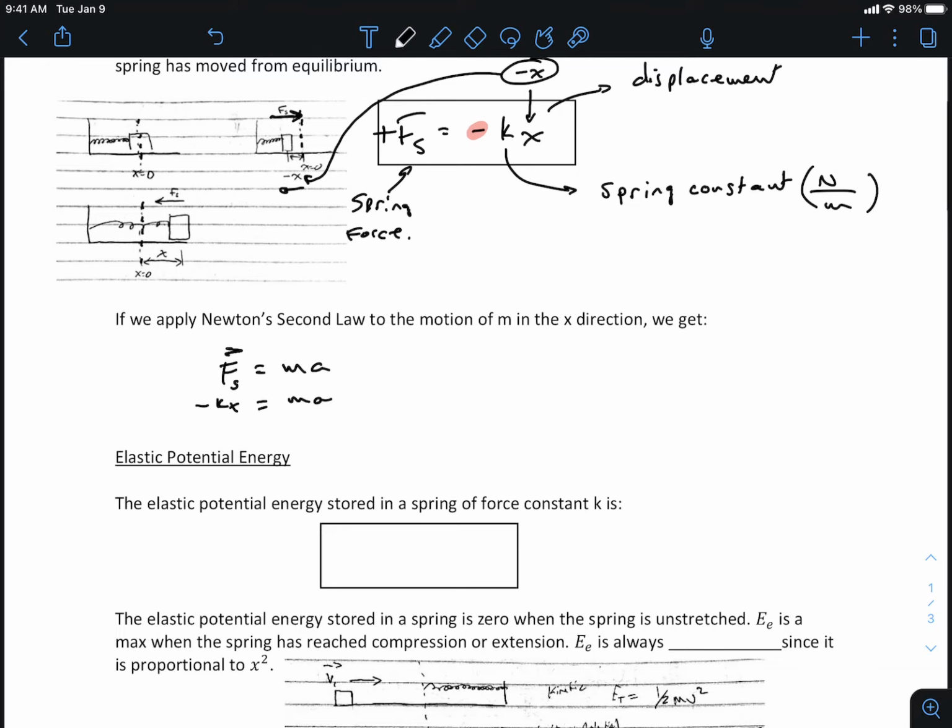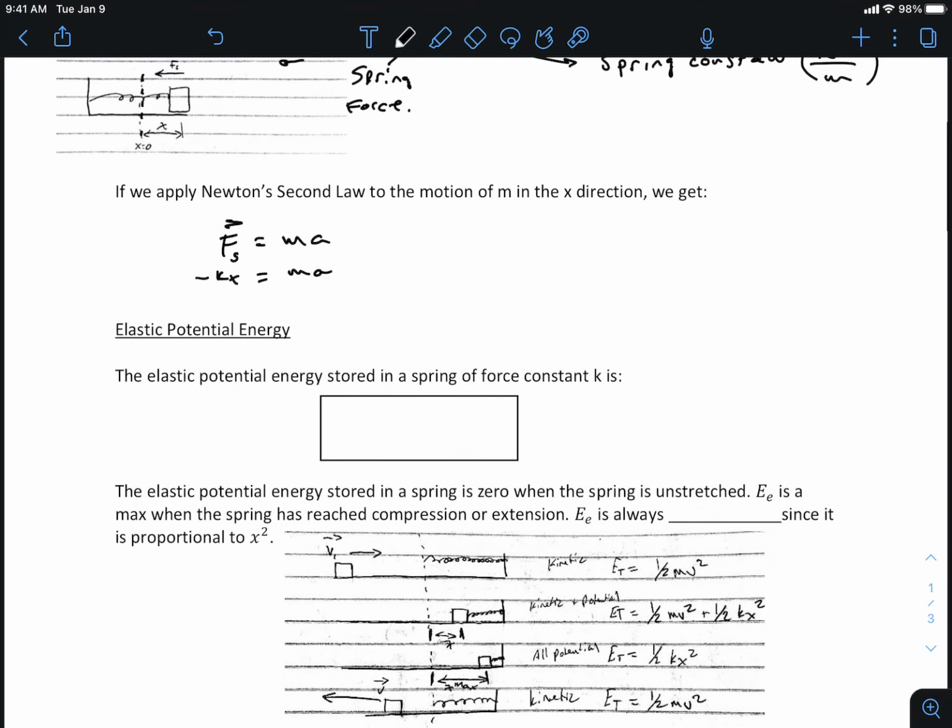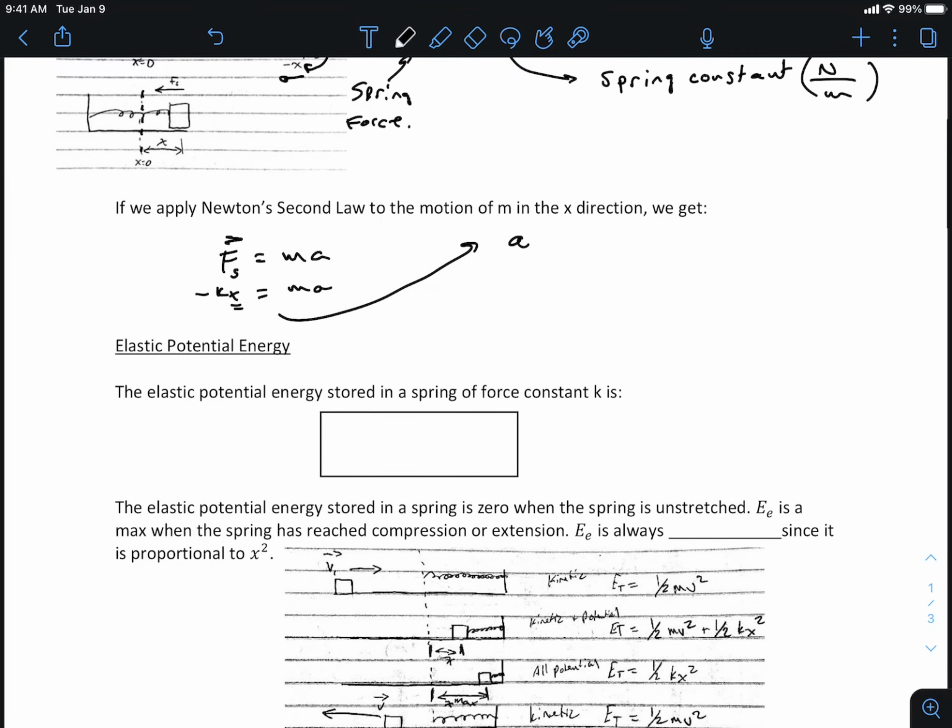And if I was interested in the acceleration, you would just isolate, right? So you would get acceleration, and because x is displacement, as we saw above, we're going to see acceleration as a vector, right? So the acceleration would be negative kx divided by m.